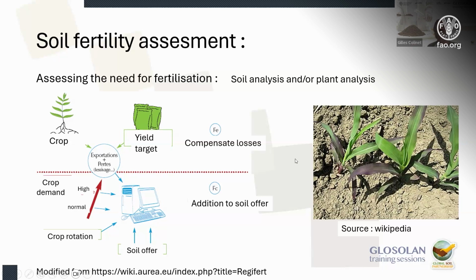So there are two major ways of defining the needs of fertilization. One is based on the soil analysis, and the other one on the plant analysis, and they can have a mutual benefit. Maybe one does not exclude the other one.